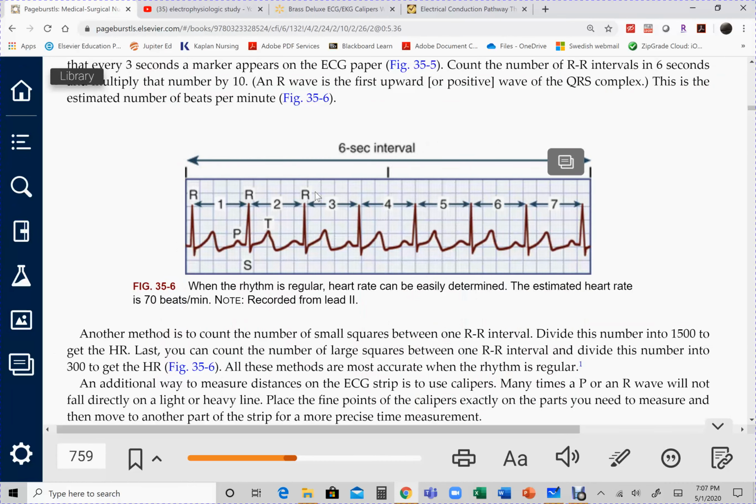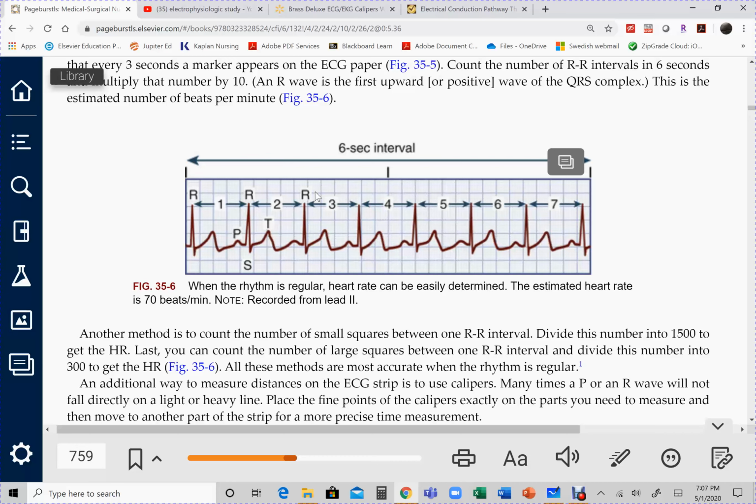So just grab any scrap paper, put your paper against your computer screen, and mark where the R waves are. So between two R waves, mark it on your paper, and then move that paper to the next R to R wave, and to the next, and to the next, and to the next.